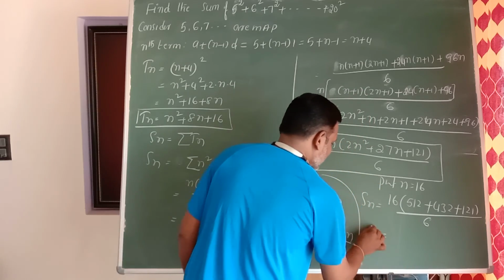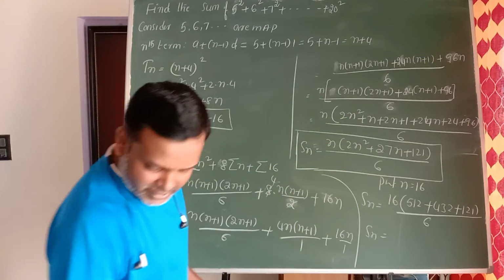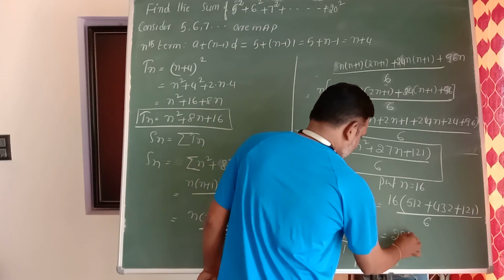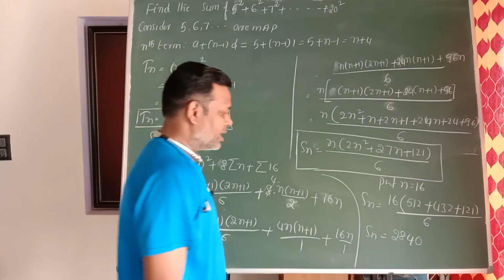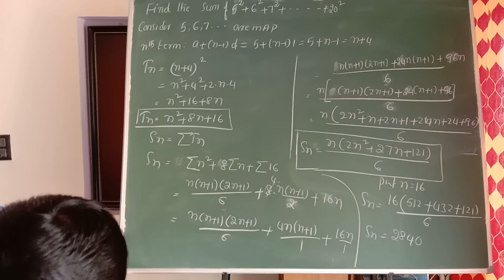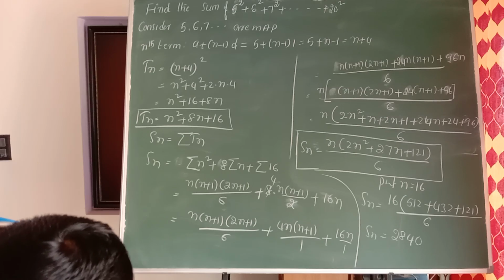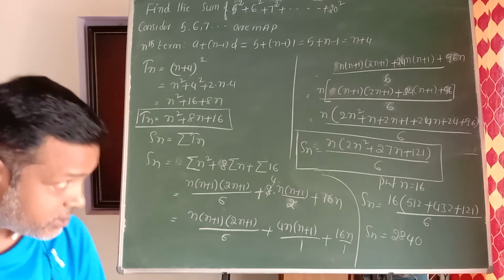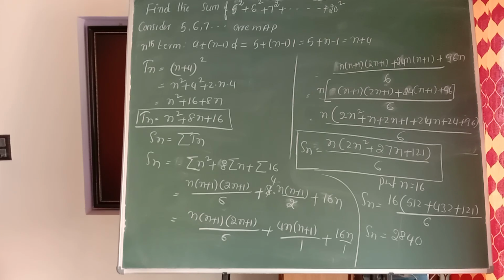By simplifying this, Sn becomes 2840. This is the answer. Got my point? Okay, we'll go with some other problems. Very important. Next problem.